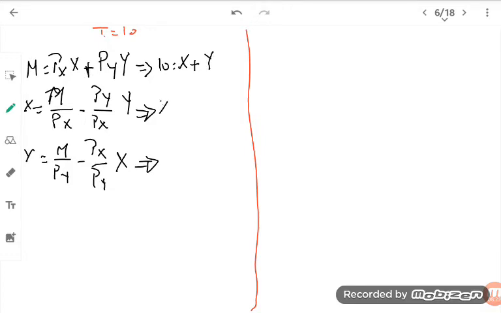Number 2, X equals 10 divided by 1, which is 10, minus 1 divided by 1, which is 1, Y. With respect to equation number 3, Y equals 10 divided by 1 minus 1 divided by 1, which is 1, X. We are going to use the three equations in order to draw the new budget line. But we are going to draw the old one first.